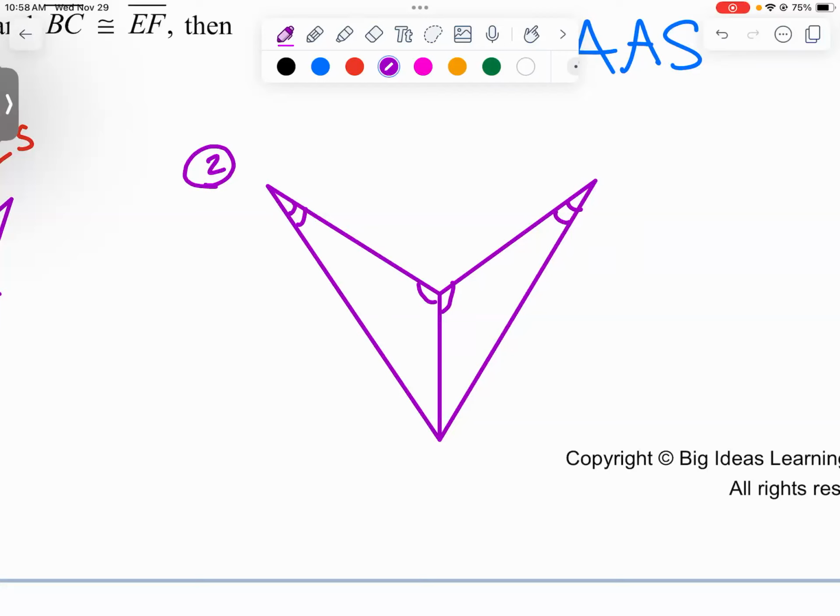Well, are they two congruent triangles? Yes. But I only see two sets of angles. Ah, we can mark this guy reflexive. So we have angle, angle, side congruent.